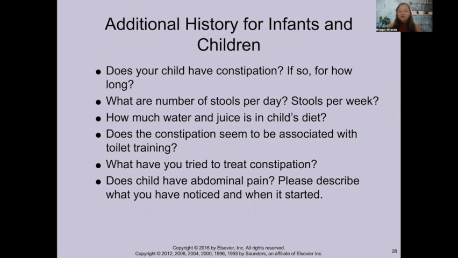I'm getting a 24-hour food log as well from these parents, but also, just in general, how do they eat? Because this could be contributing to their abdominal pain and constipation. I do see a lot of patients that have chronic longstanding abdominal pain, and it's because of untreated constipation.